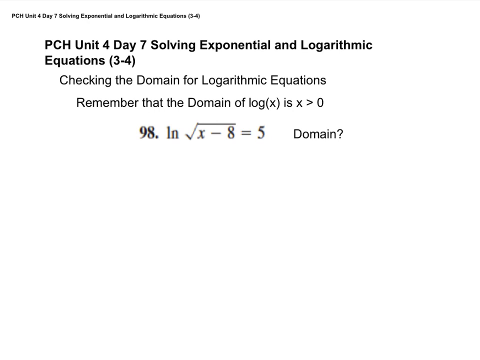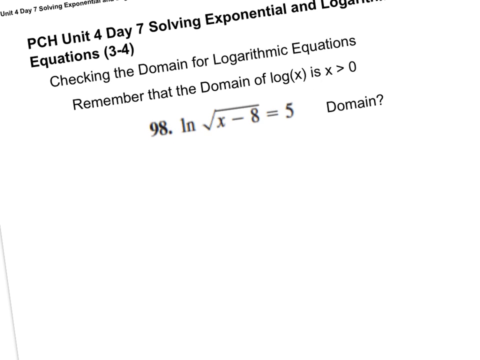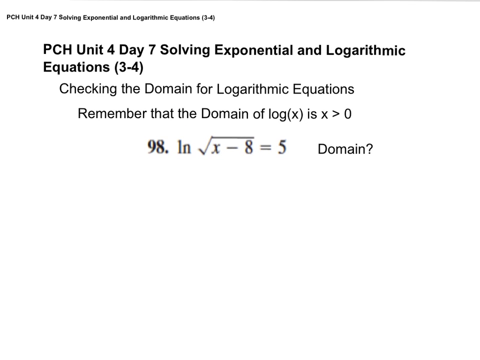That means when you're identifying the domain, whatever that argument is, in this case the square root of x minus 8, has to be greater than 0. So in order for the radical to be greater than 0, what's inside the radical has to be greater than 0.